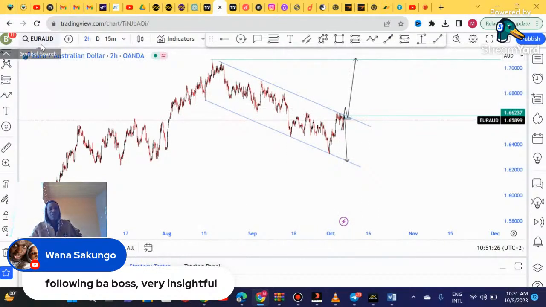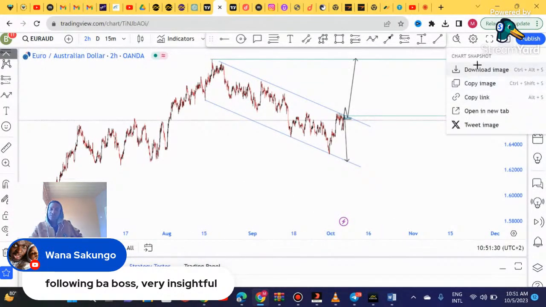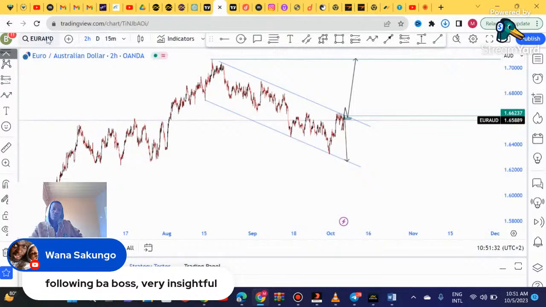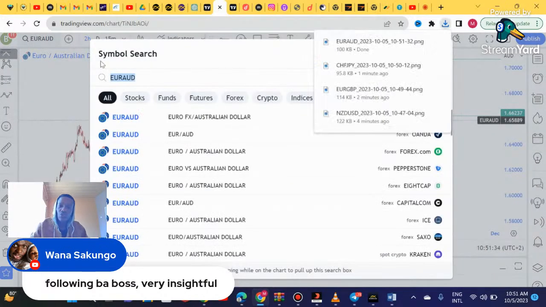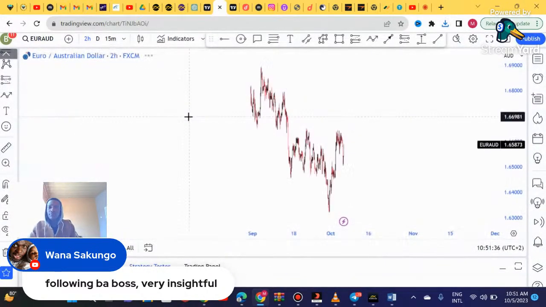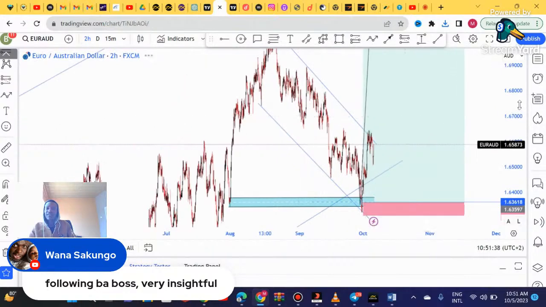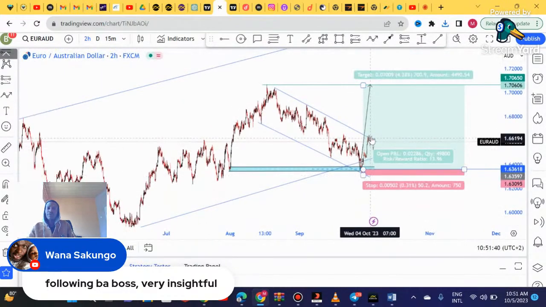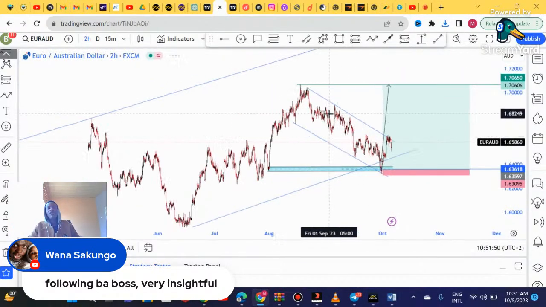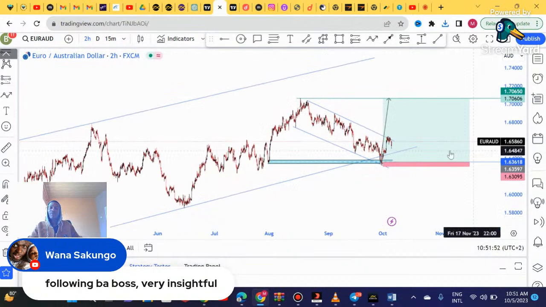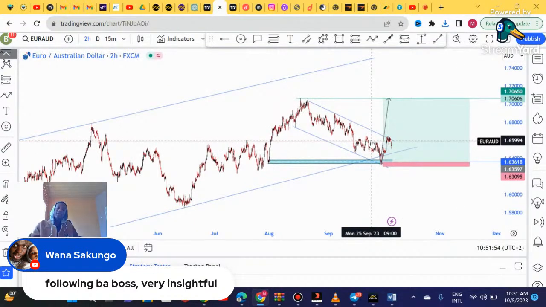But if you haven't forgotten, ladies and gentlemen, the overall analysis was this, right? Price to continue and reach all the way this side. So if there is a breakout, I'll be waiting and looking to take a buy once price retests, right? So that is how you can go about it, ladies and gentlemen.